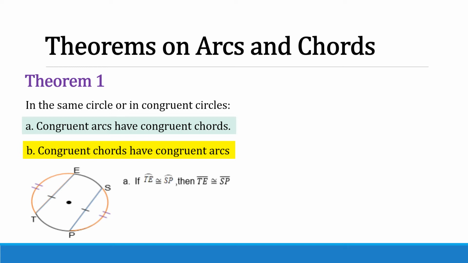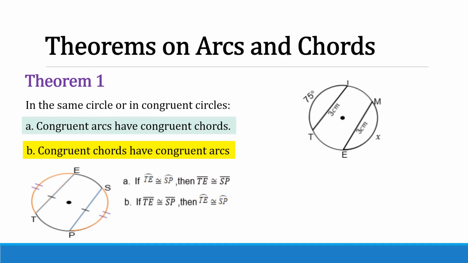If arc TE is congruent to arc SP, then segment TE is congruent to segment SP. In the same manner, if segment TE is congruent to segment SP, then arc TE is congruent to arc SP.